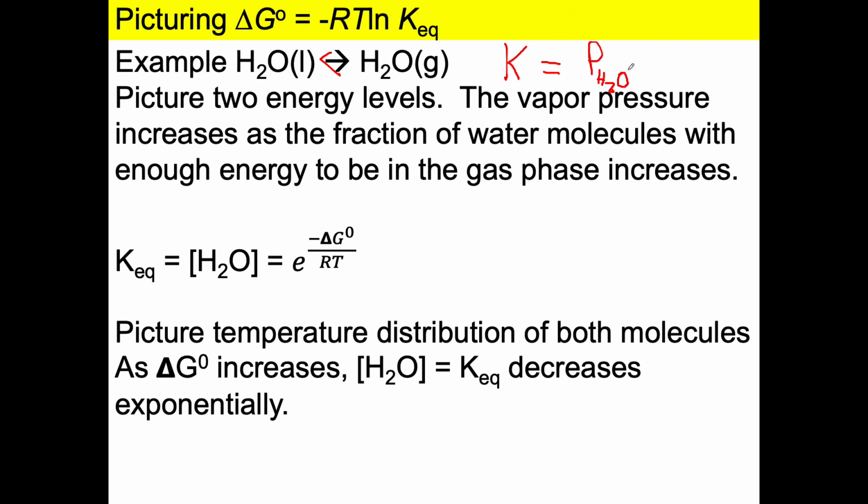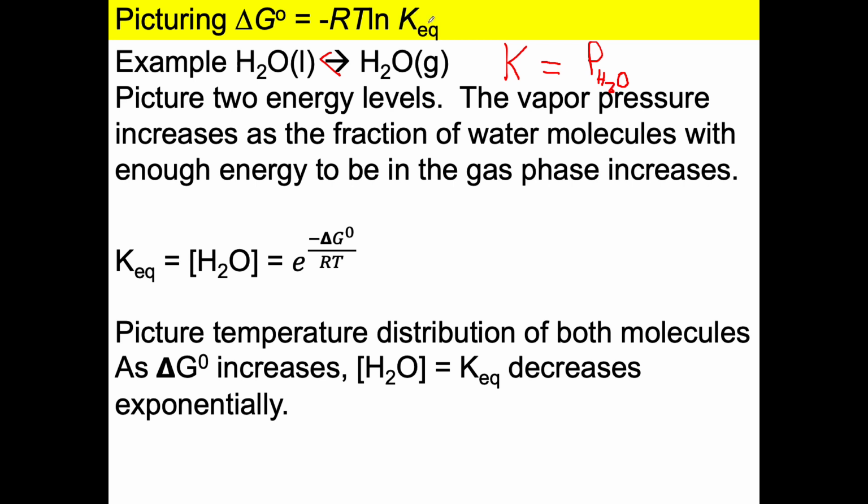In this reaction, this evaporation, you know, for instance, that the vapor pressure of water at room temperature, at 298 Kelvin or 25 Celsius, is much less than 1 atmosphere. It's a fraction of an atmosphere.